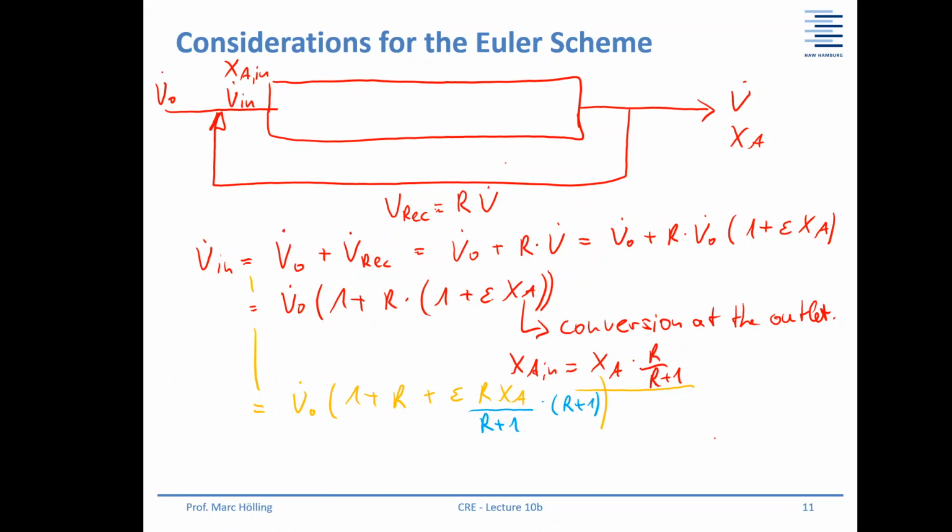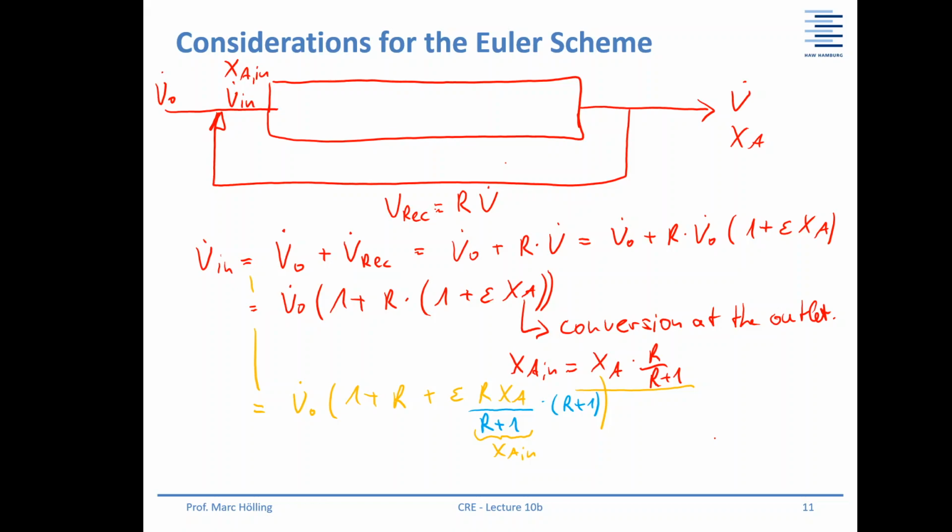So what did I do here? I just put in the R into this expression, and then I said, okay, let's add R plus 1 above and below the line, and then you can say, okay, this one is just my XA in. This is my conversion at the inlet to the reactor.